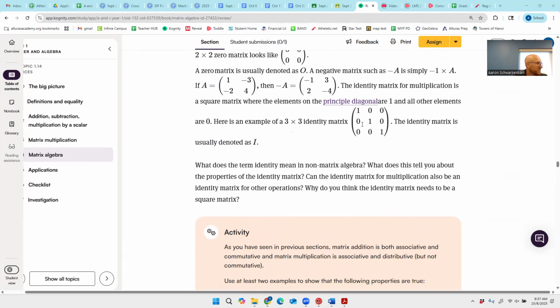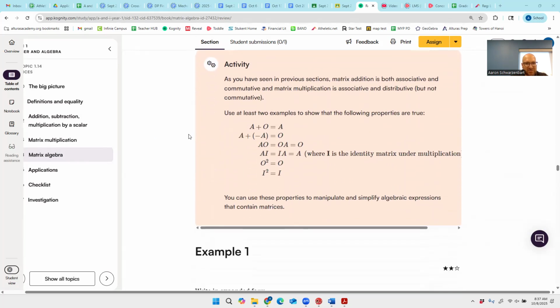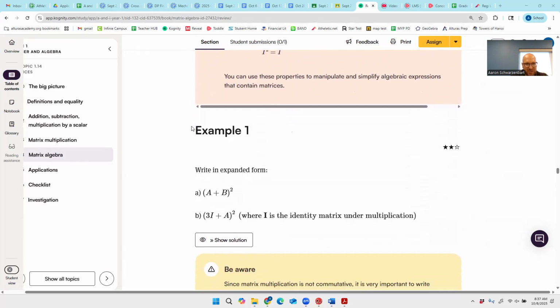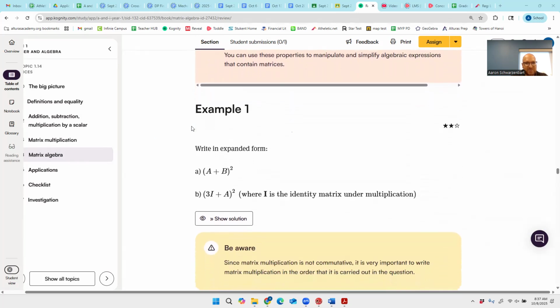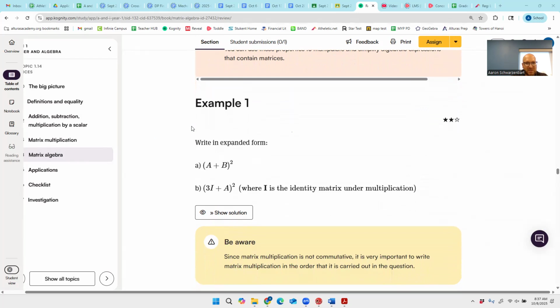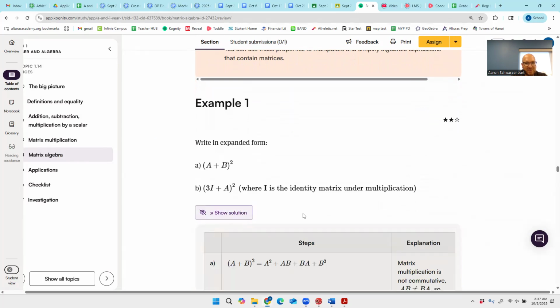You can only change the order if it's a 3 by 3 times 3 by 3, and you only do these things to square matrices. That's why you can change the order.